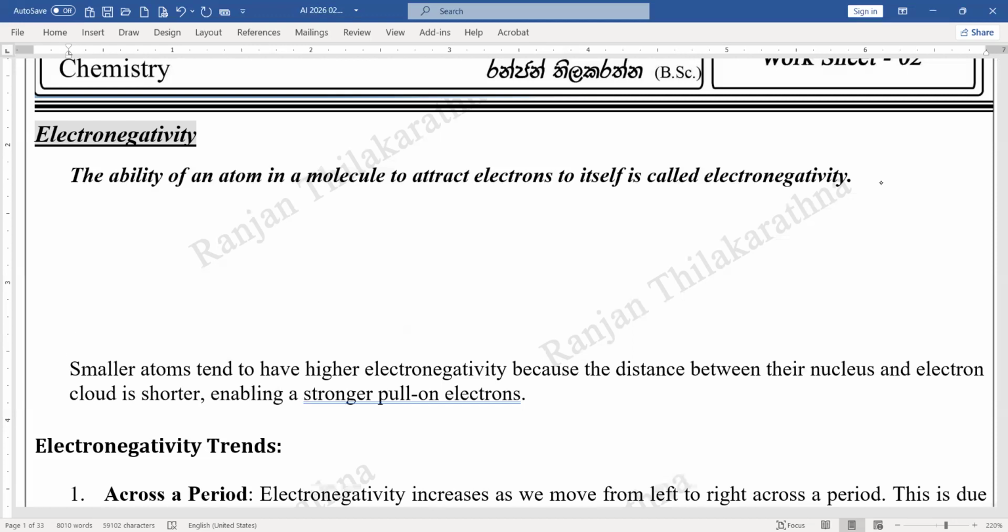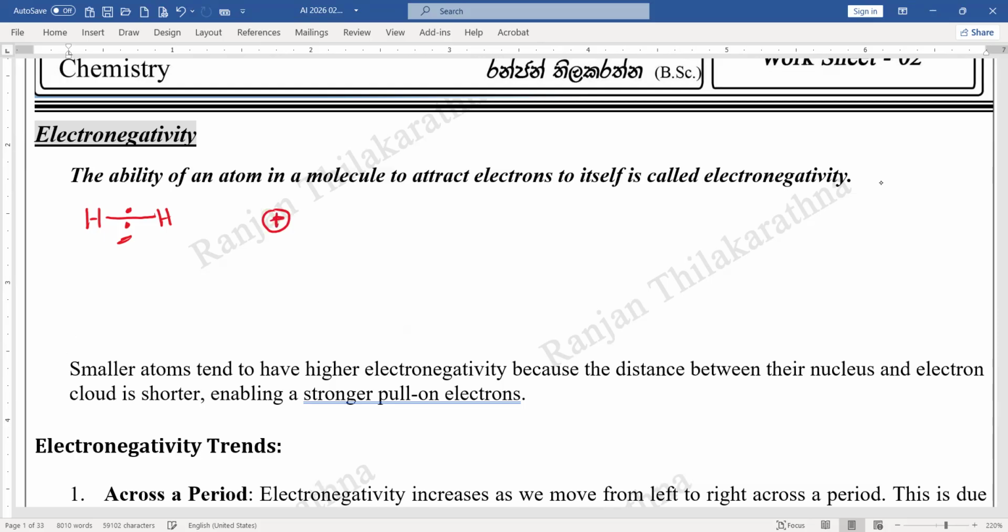Say, if you have a bond between hydrogen and hydrogen, these two are identical atoms, and the electron pair of this bond will be exactly at the midpoint. Why? These electrons are negatively charged, and the nuclei positive.